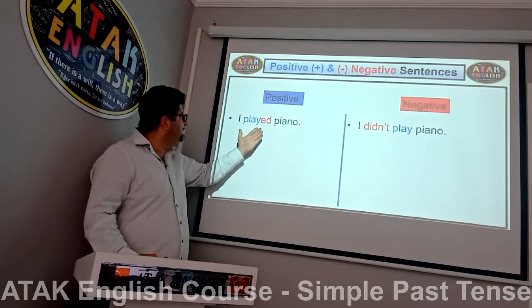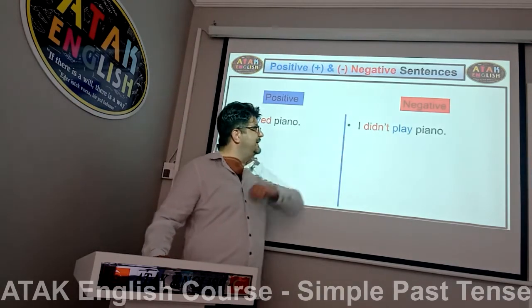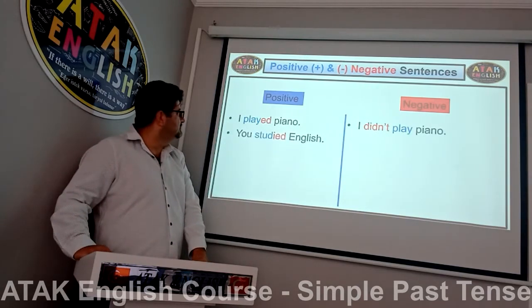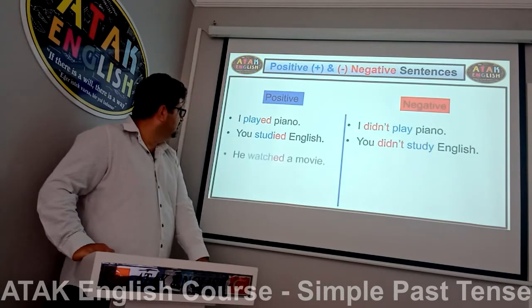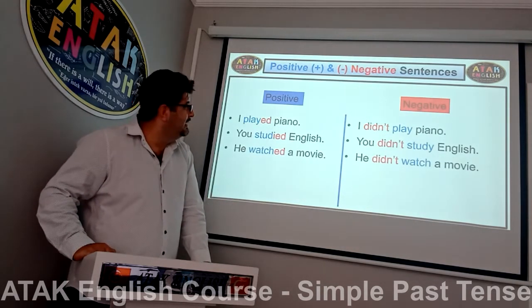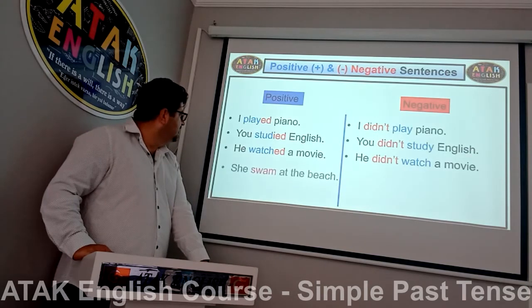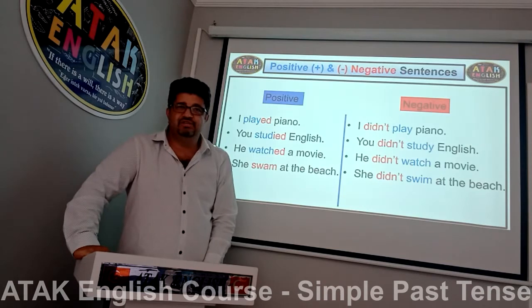So, I played the piano, positive. Negative, I didn't play piano. You studied English, you didn't study English. He watched a movie, he didn't watch a movie. She swam at the beach, she didn't swim at the beach.